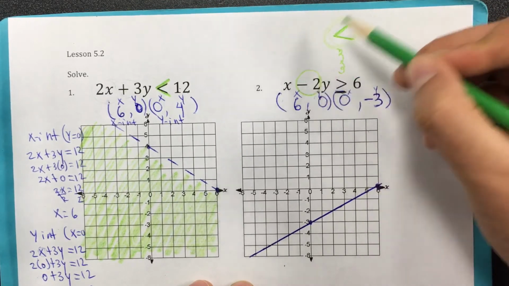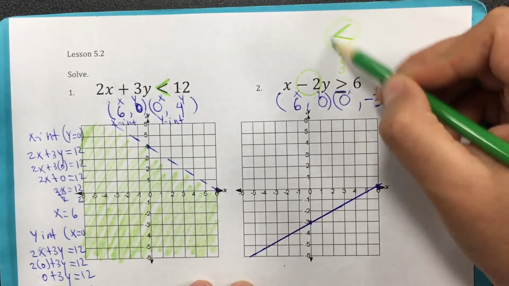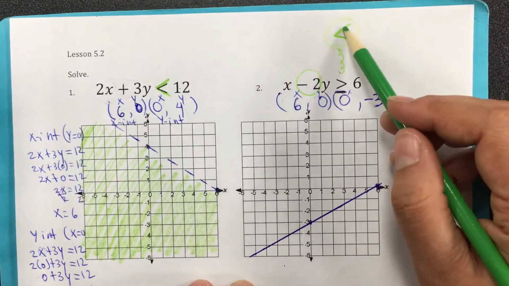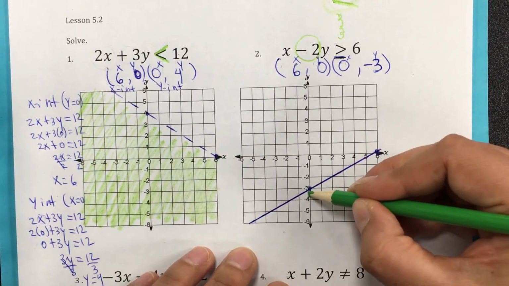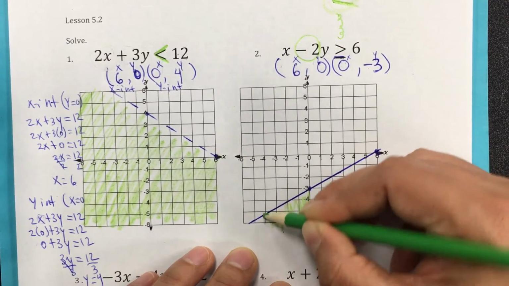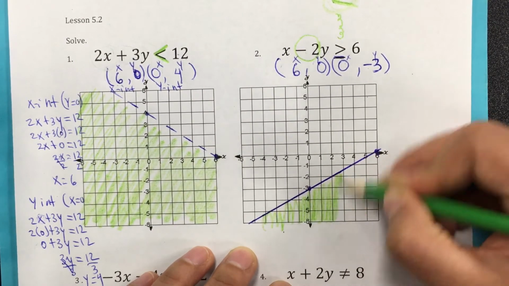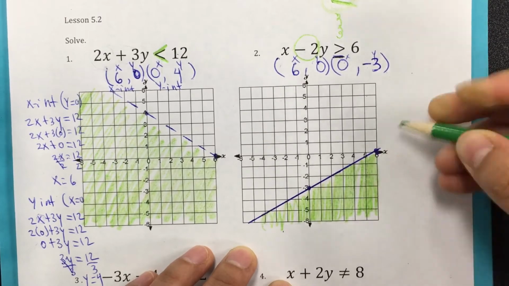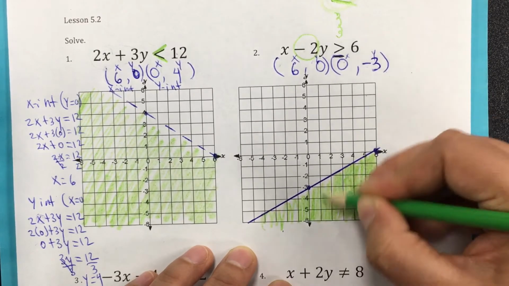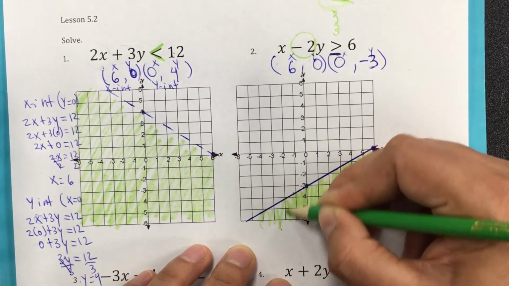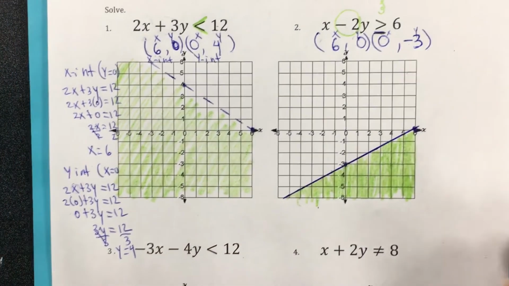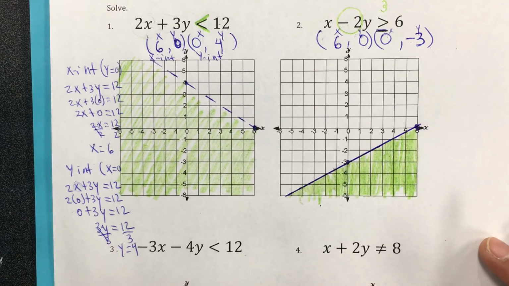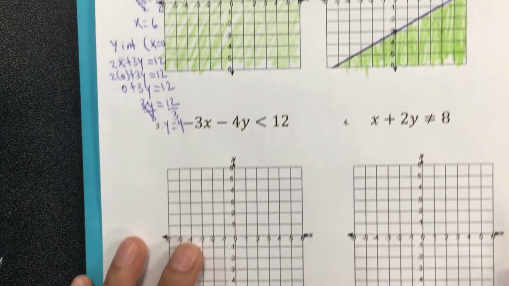Just because of the negative, we switch the symbol, and that's what we have to look at. This is less than. So less are always underneath my line, okay? Always under the line. Greater goes above the line. Less than goes below the line, okay? So those are my first two examples.